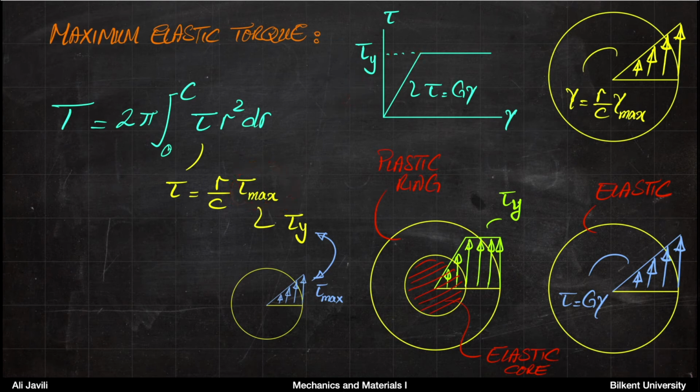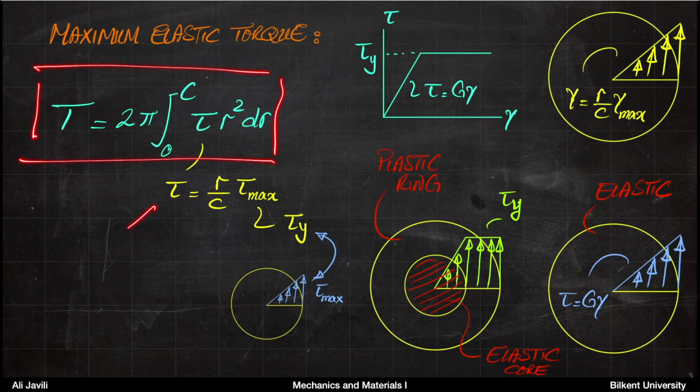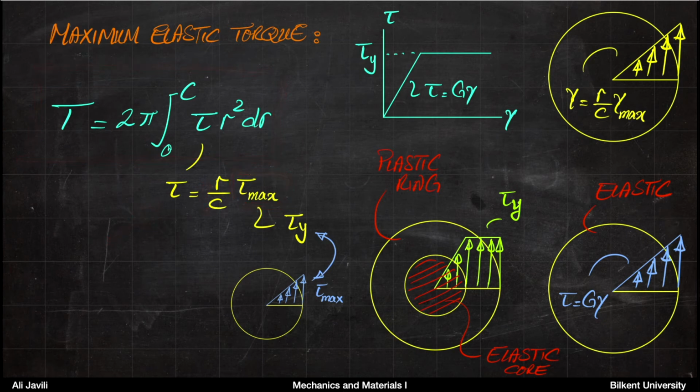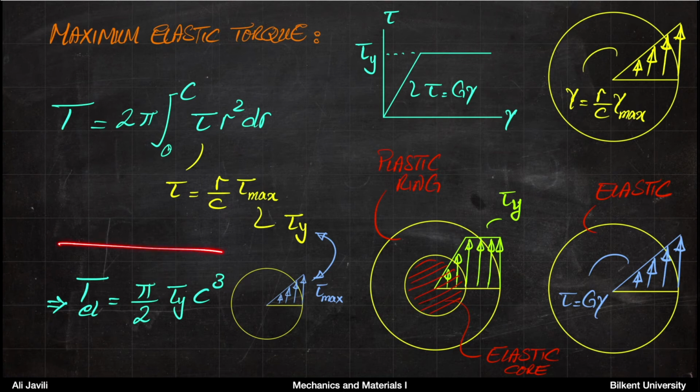So it's just the moment that you reach the yield stress. So you can start with this relation, but now for stress distribution, you can just use R divided by C tau Y instead of tau max. And if you do that, you get the maximum elastic torque. And if you insert that and calculate the integral, you end up with this relation for maximum elastic torque.